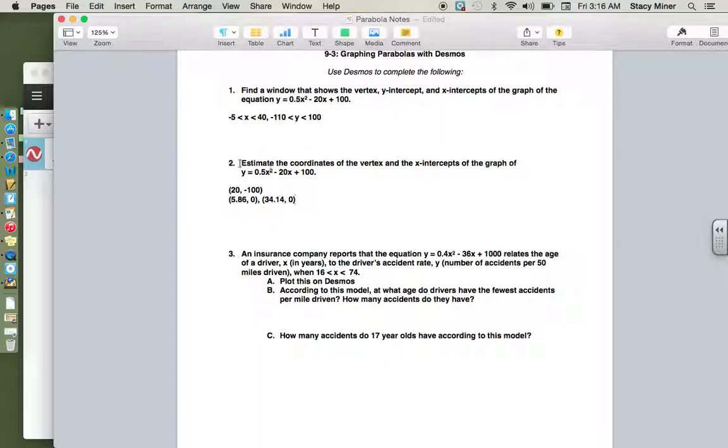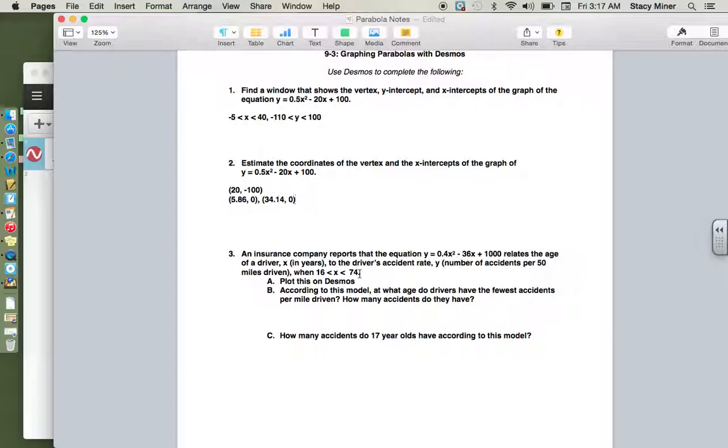Okay, so then let's actually use these important points to solve problems when the parabola is representing something real. An insurance company reports that the equation y equals 0.4x squared minus 36x plus 1000 relates the age of a driver x in years to the driver's accident rate y, which is the number of accidents per 50 miles driven, when the range of x is 16 to 74.